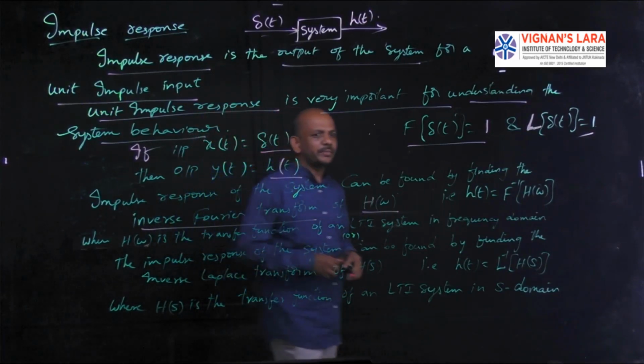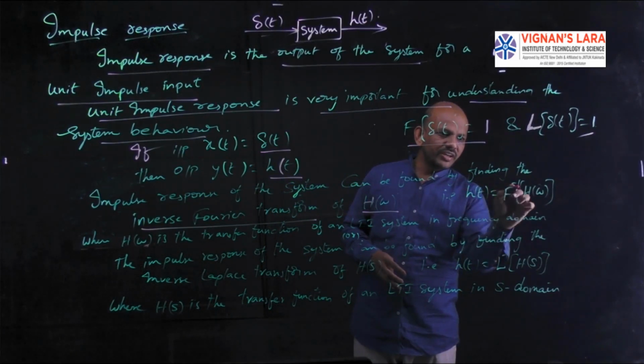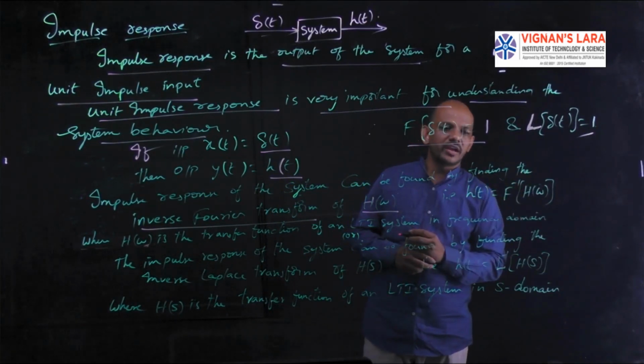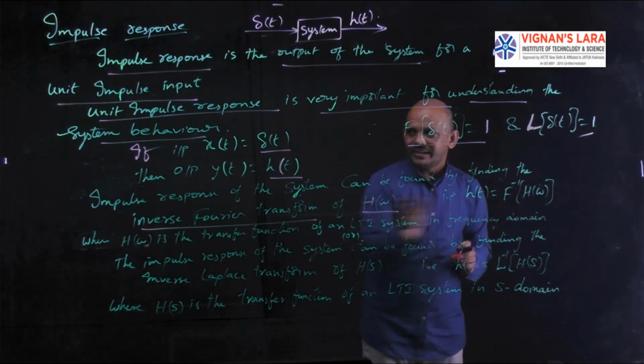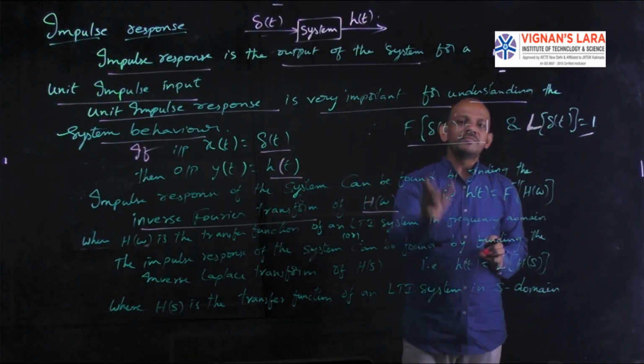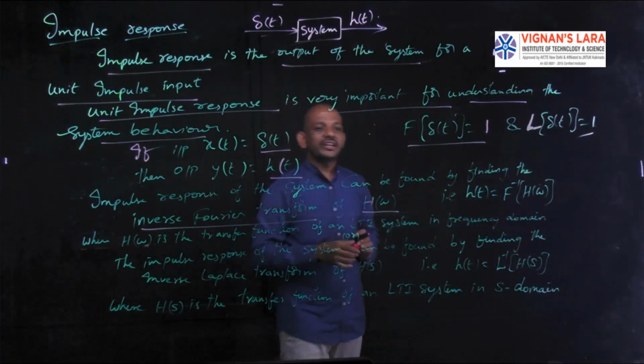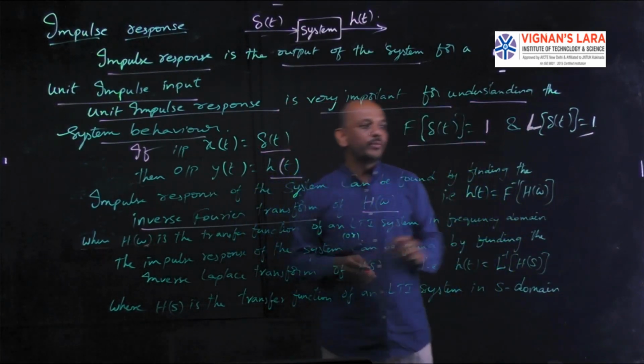How can you write it mathematically? h of t will be equal to the inverse Fourier transform of H of omega. So h of t is the impulse response.